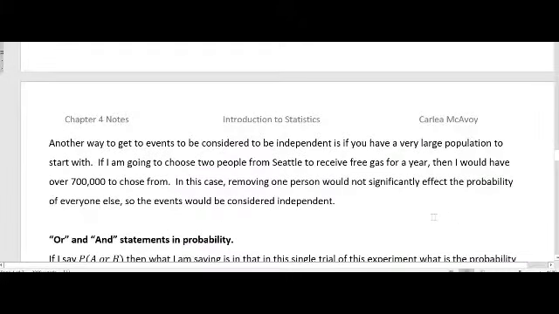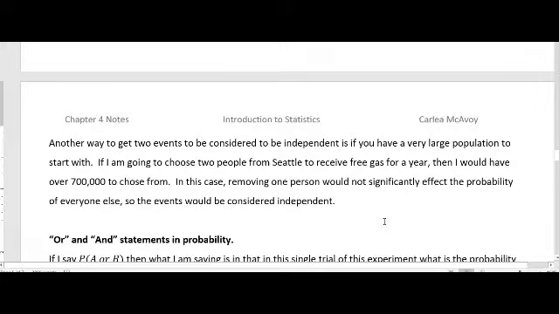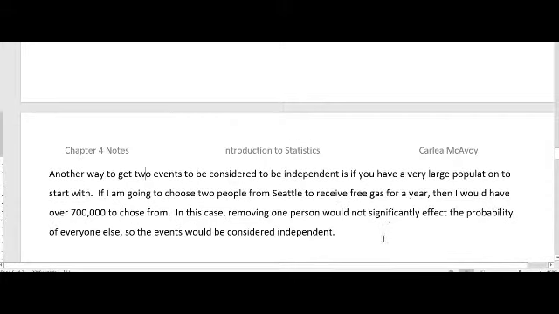Another way for two events to be considered independent is if you have a very large population to start with. If I'm going to choose 2 people from Seattle to receive free gas for a year, then I would have over 700,000 to choose from. In this case, removing one person would not significantly affect the probability of everyone else, so the events would be considered independent.